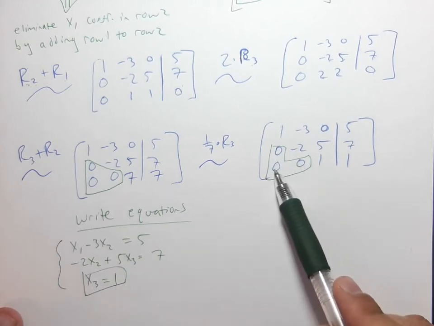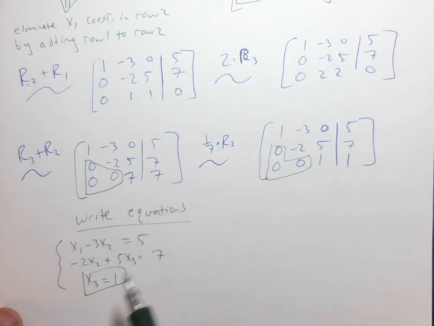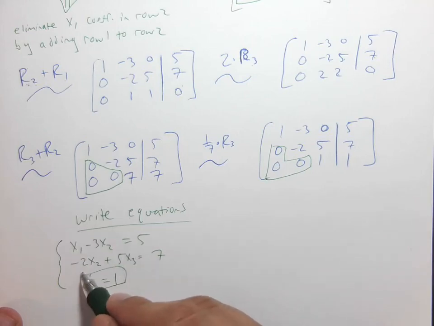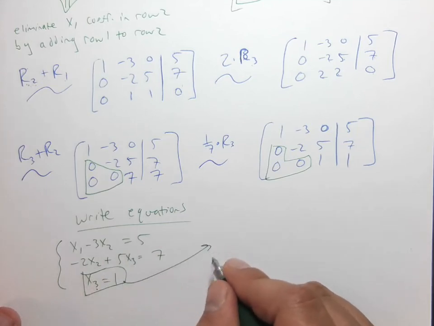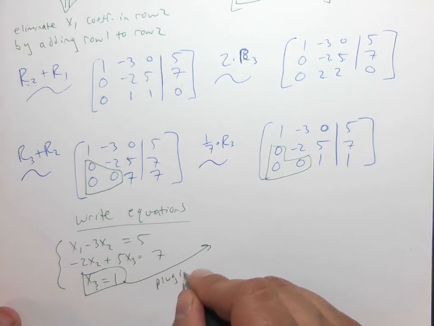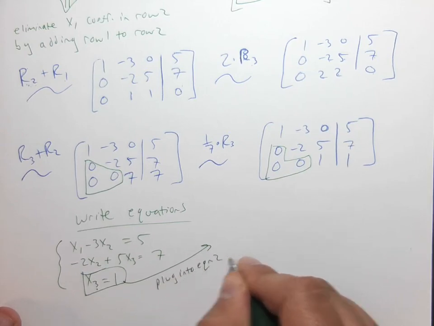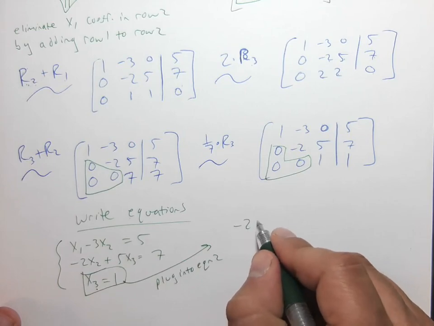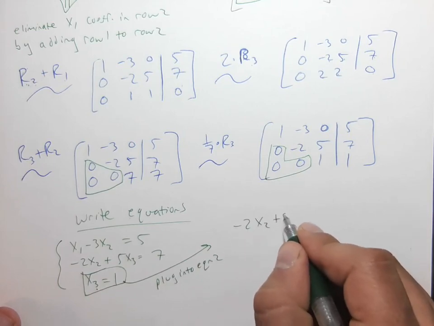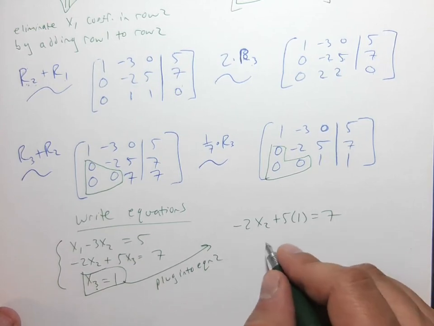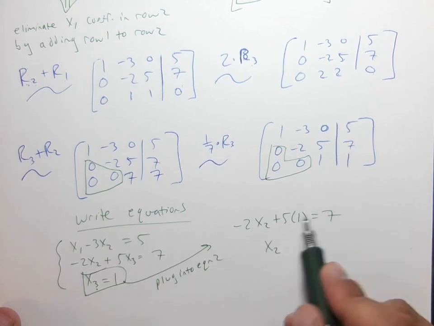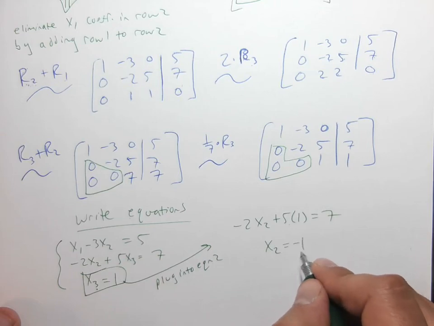That was the whole point of getting 0, 0, not 0, because we just get the x3 variable solved right off the bat. And then you can take that, plug it into this x3 to get x2, right? So we're going to take this, we're going to plug into equation 2 to get this. So when we solve that, just subtract, divide by 2, we get x2 is negative 1.